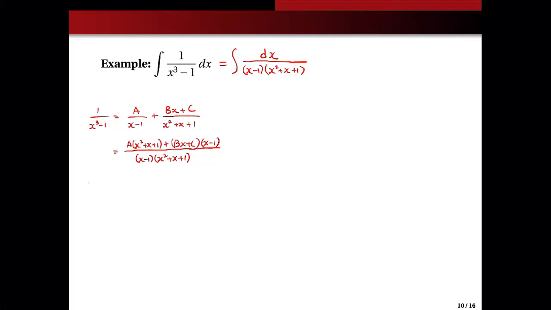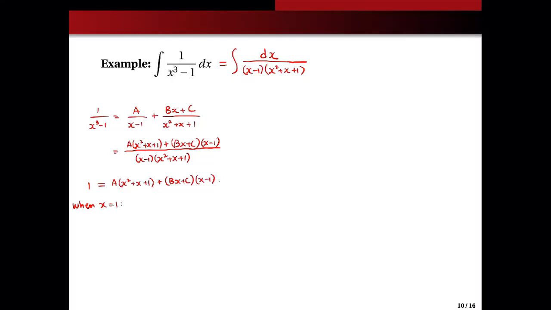We'll just get 1 equals a times x squared plus x plus 1, plus bx plus c times x minus 1. And then when we let x equals 1, this guy here will disappear.